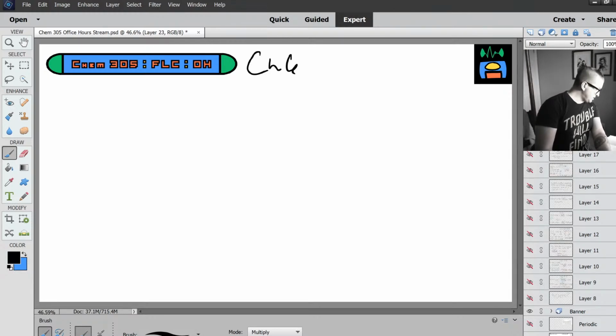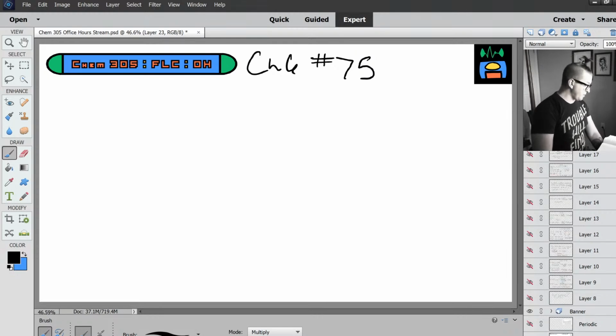So this is chapter 6. Problem 75. All right, the catalytic converter is standard equipment on American automobiles. Converts carbon monoxide to carbon dioxide by the following reaction.